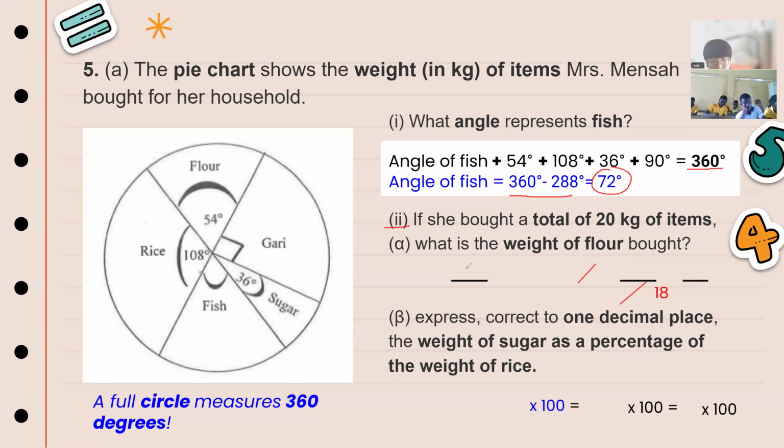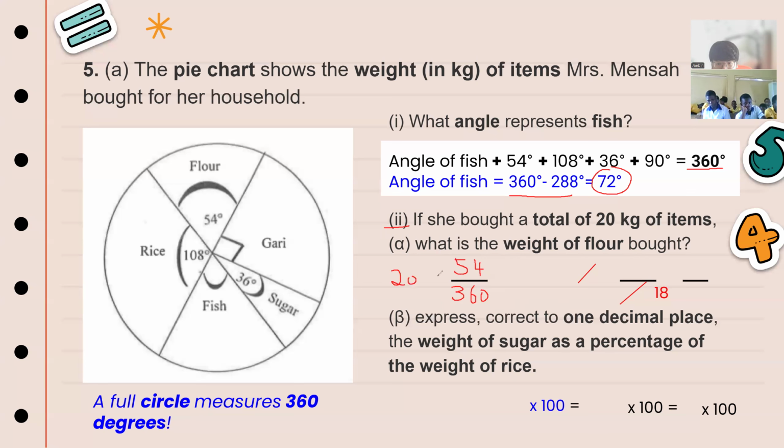Yeah, let's start with the ratio. The number of flour: we have 54 degrees out of the total 360 degrees. So we get this much flour out of the total, and we multiply by 20.